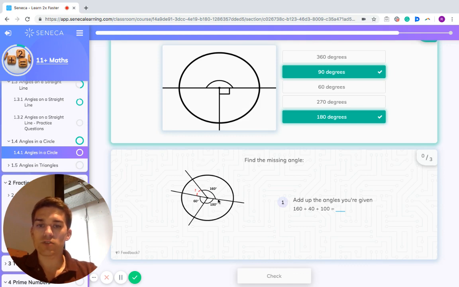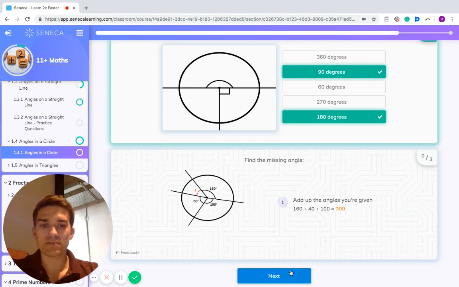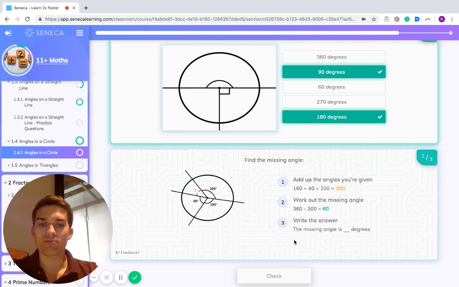If we add those together, it makes 270. Then we can do a subtraction to work out the missing angle, to find out that it's 60. So the missing angle is 60 degrees.